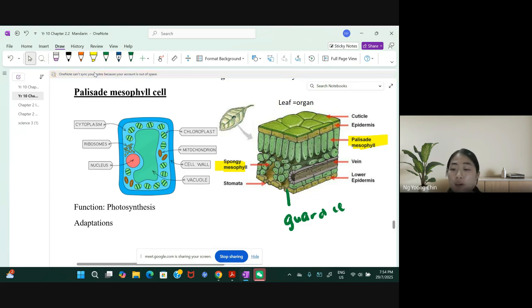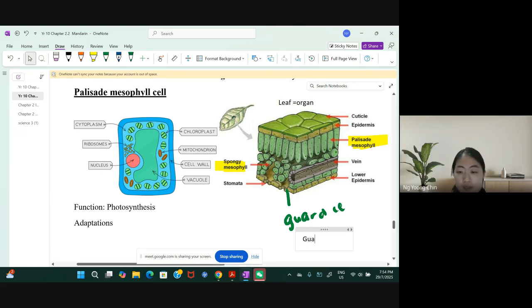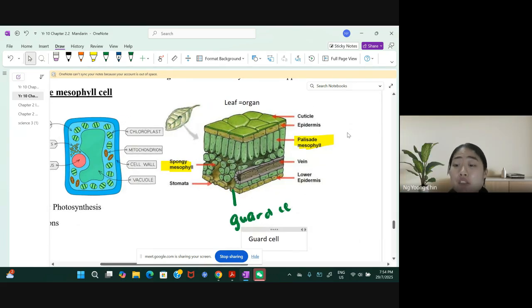You heard about this cell before? Monty, just remember only these three cells have chloroplast, but their number is different. The number varies. Palisade mesophyll cell contains the highest number of chloroplast. There's a lot of chloroplast found in the palisade mesophyll cell.